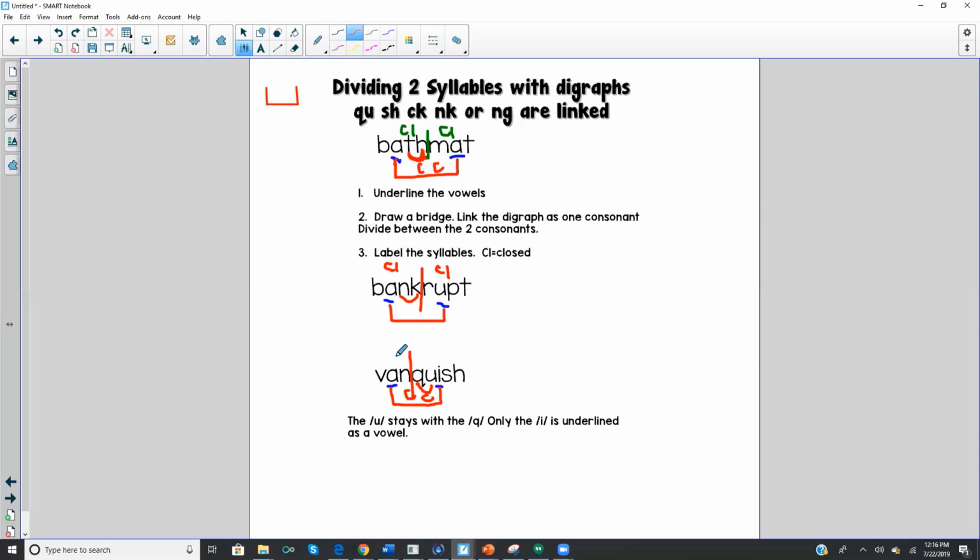What is vanquish? I'll tell you in just a second. Can you tell me what kind of syllables these are? Open or closed? Closed. So both have short vowels. So you're right. Vanquish. Now, if I vanquish somebody, that means I get rid of them because they are not good.